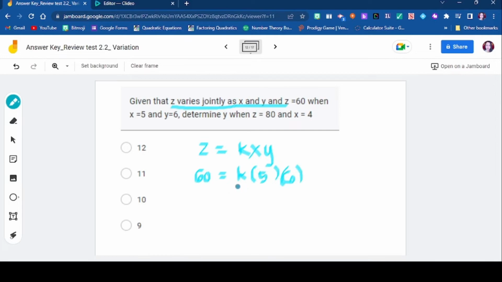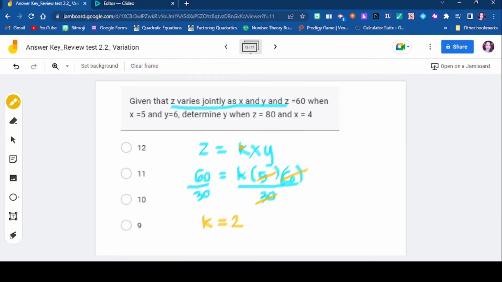Now, we need to eliminate the number beside k for us to find the constant. So 5 times 6 is 30. If you put 30 there, we have to put also 30 at the other side to be fair and for them to be equal. So we can cancel now. 5 times 6, 30. So cancel 30. What is left is k. So 60 divided by 30 is 2. So our k is 2.